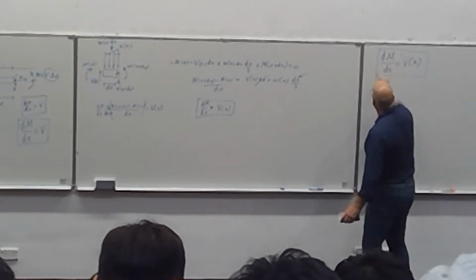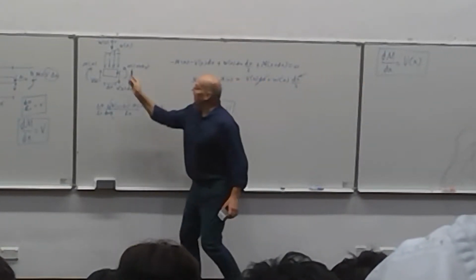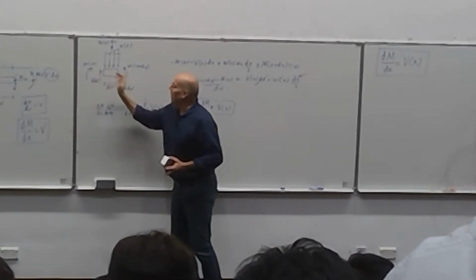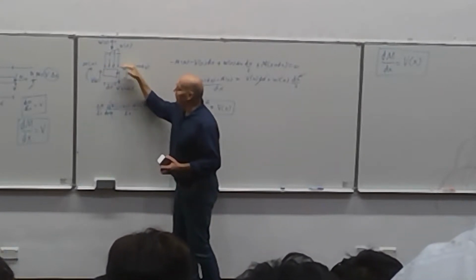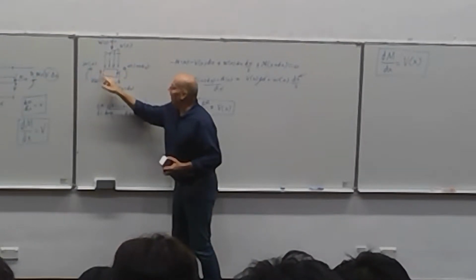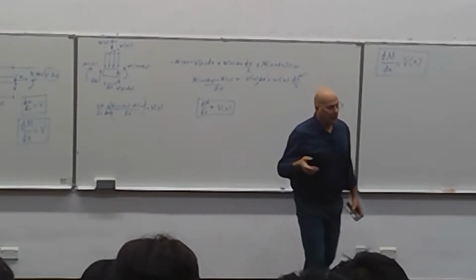It is this. If I have positive shear, the moments must be increasing. That means if this was pulling the bottom, this will be pulling the bottom even more, because it must balance not only this, but it must balance also V of x dx. So positive shear causes the moments to increase.